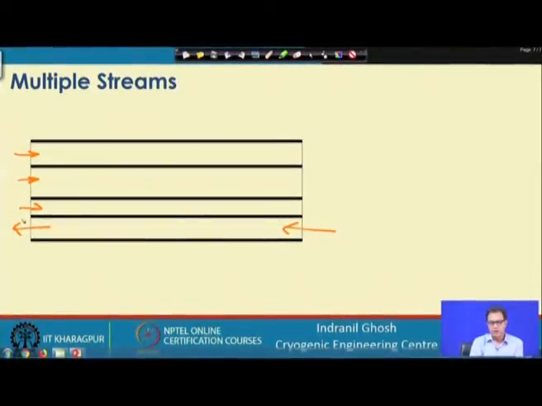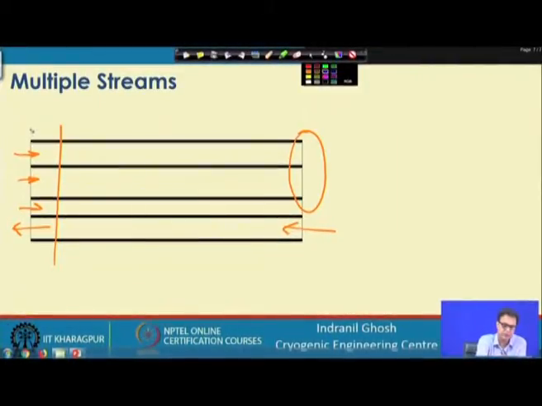We can make an estimate for these three, because if we have to take a small section of this exchanger, maybe we will start from this end, where all these three fluid stream temperatures are known, so it is convenient to start from this end.